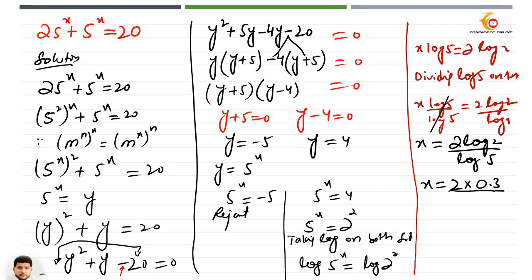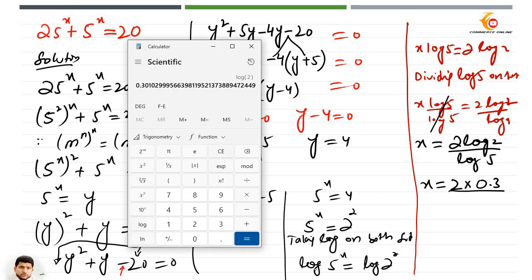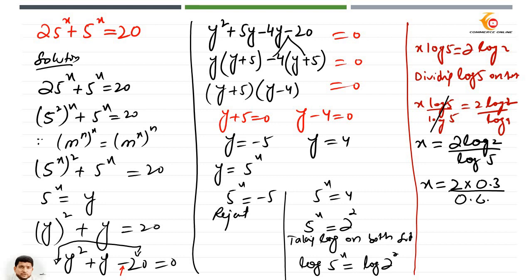And now let's take the value of log 5. The value of log 5 is 0.6989, so I'm writing 0.699. So we have 2 multiplied by 0.3, that will be 0.6, divided by 0.699.